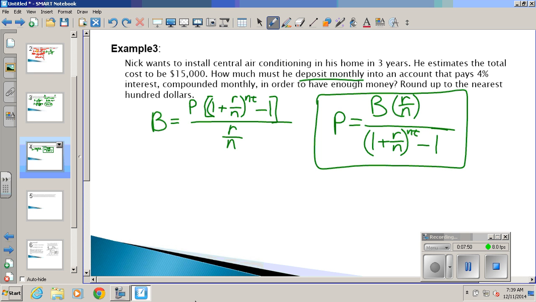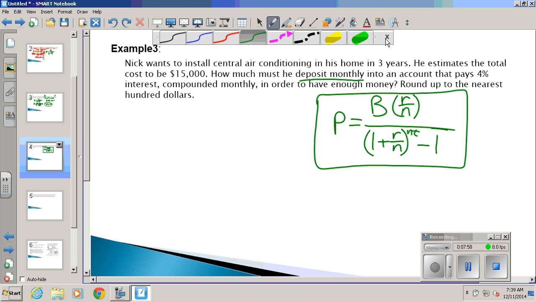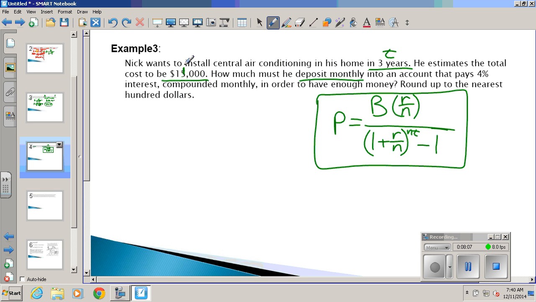Okay, so I want to know present value. So I want to get rid of this, make some room. So 3 years, that's my time. 15,000 is my balance.